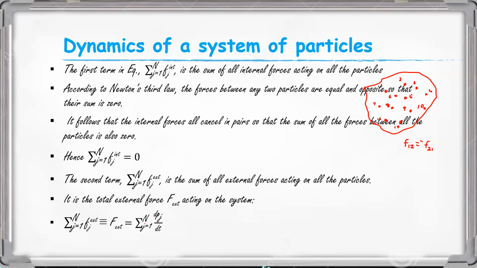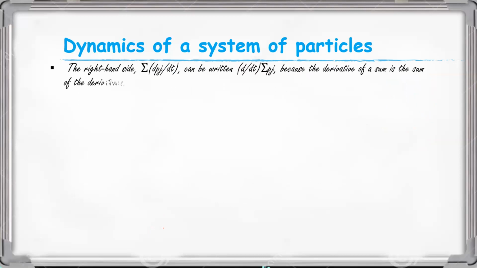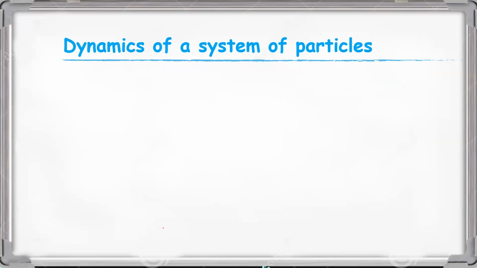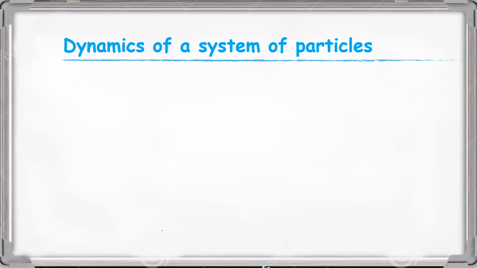That is equal to the right side. Here the right side is summation over j equal to 1 to n dpj divided by dt.